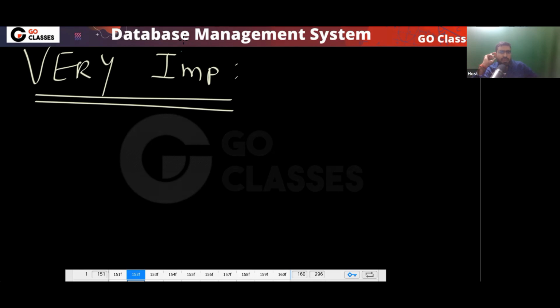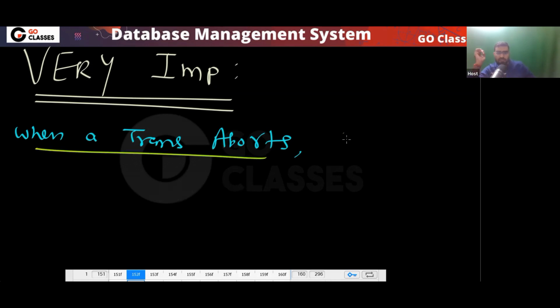When a transaction aborts, it will again come back. It will be restarted, with the original timestamp, not a new one. When a transaction aborts, it will restart.